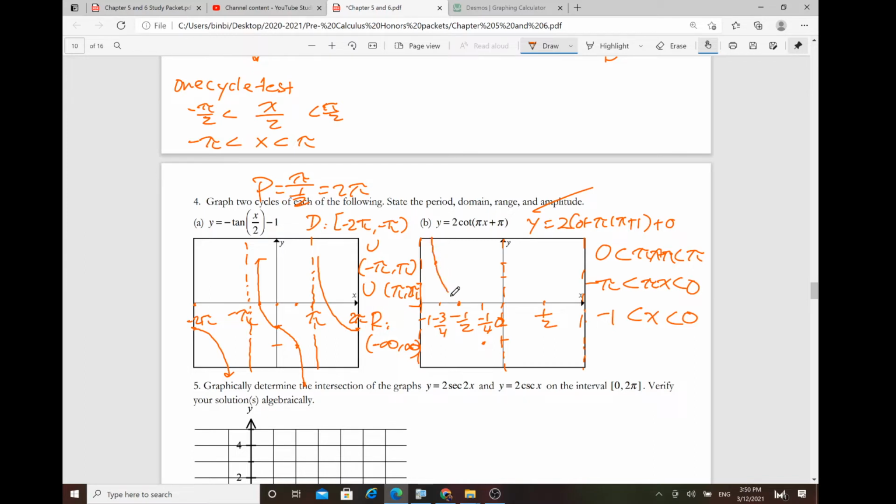Okay, so simply connect them. Cotangent. And then get a cycle, exact same kind of pattern, exact same kind of trend. So up 2 right up here, zero, and then all the way down to negative 2.